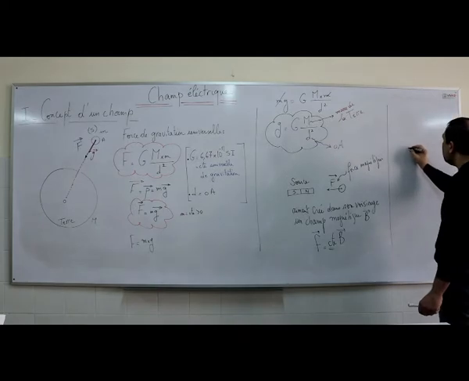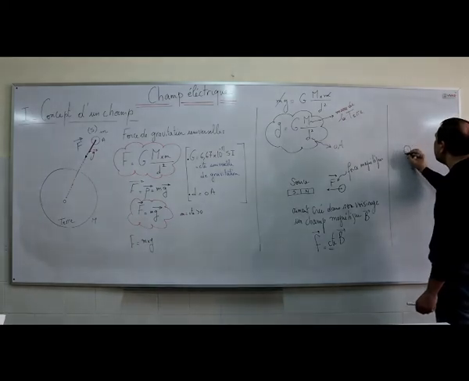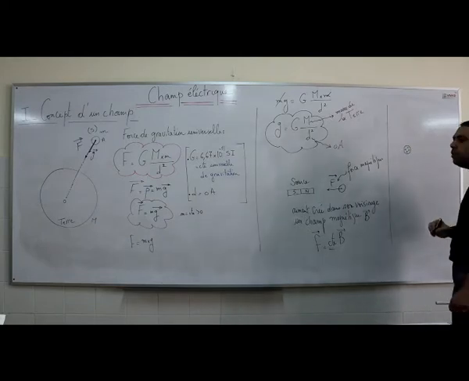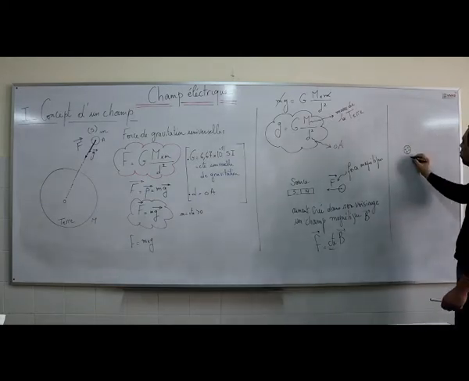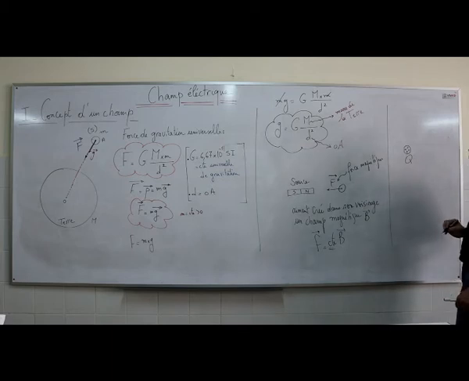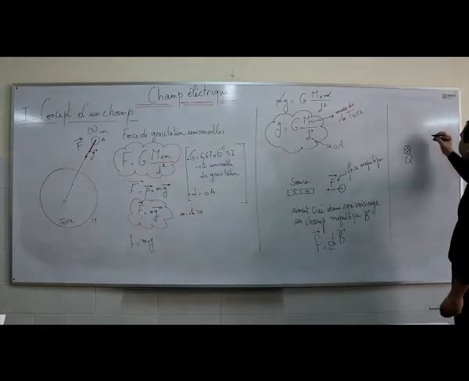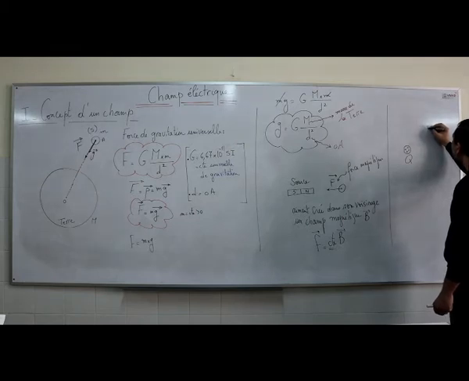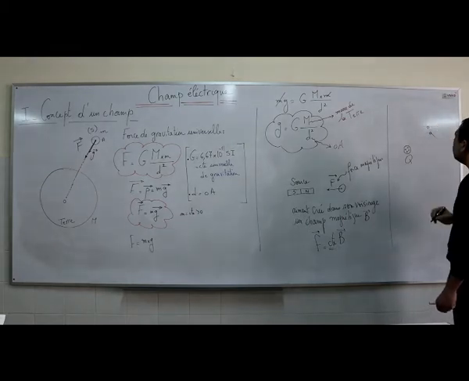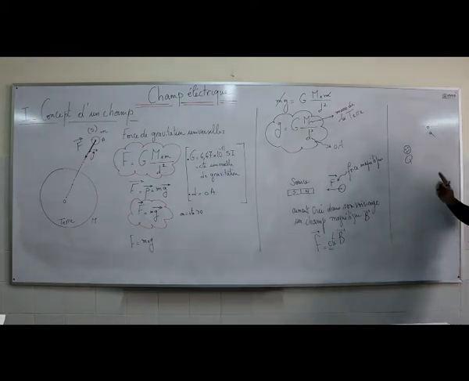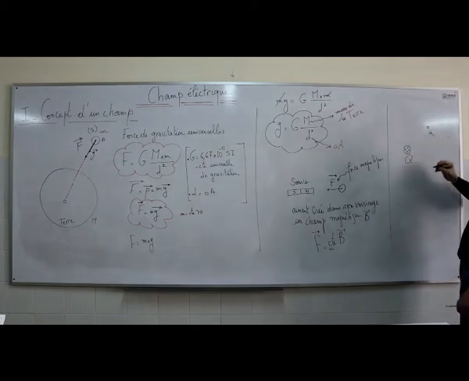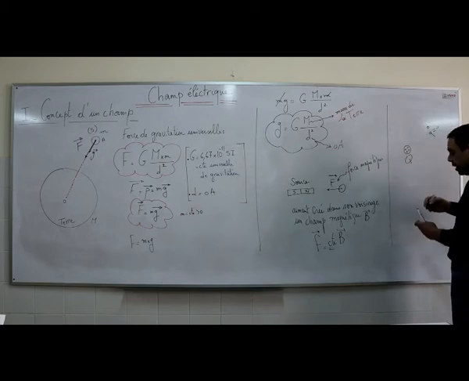If, for example, here we have a point charge, a positive point charge, let's call it uppercase Q. If we place at a distance from this charge another one, small q, this charge will exert on the other one an electric force.